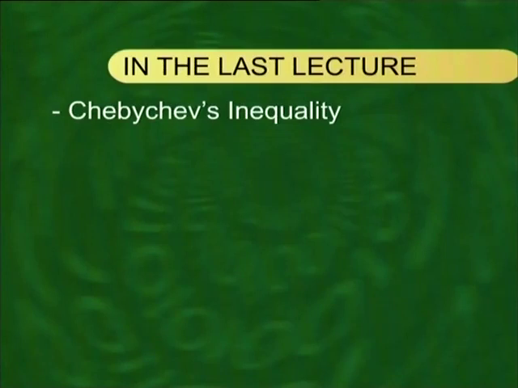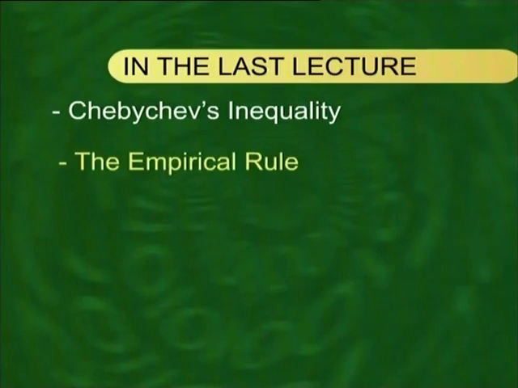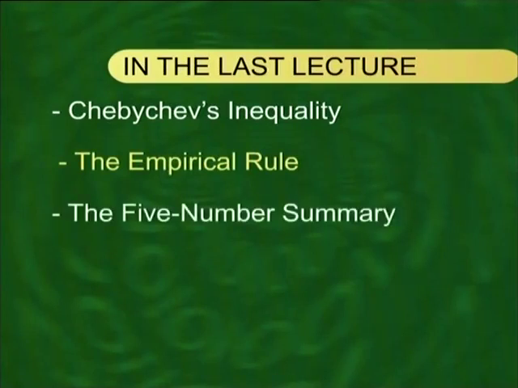Also, you will remember the empirical rule which is valid in case of unimodal, hump-shaped, approximately symmetric distributions. Also, towards the end of the last lecture, I discussed with you the 5-number summary.